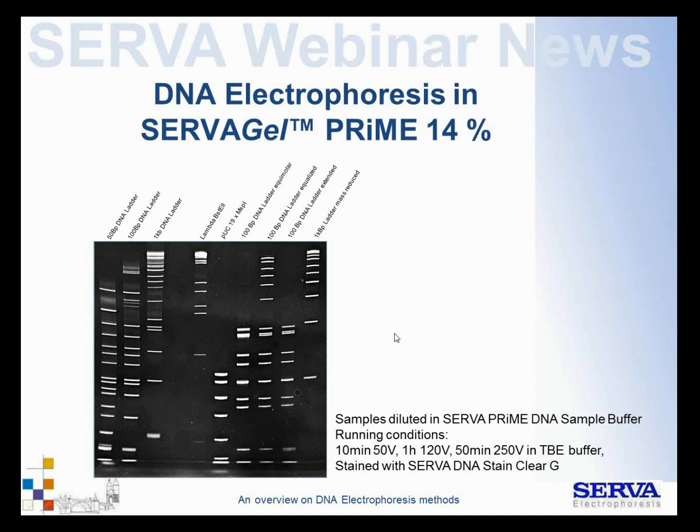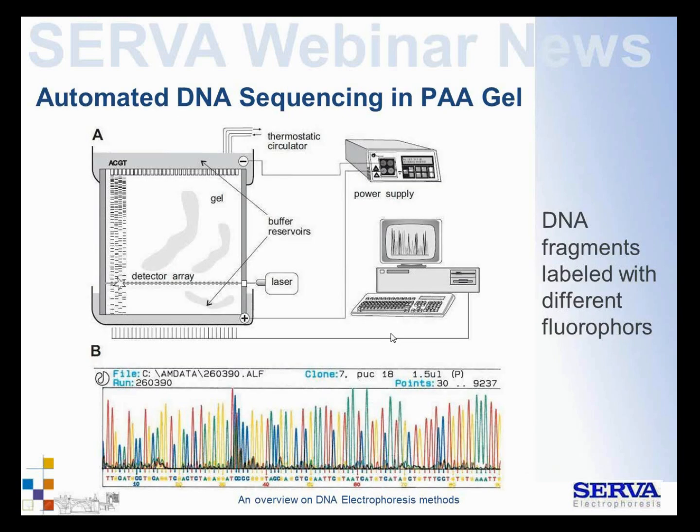So here just a view into the past. DNA sequencing started in vertical, long, very thin gels with radioactively labeled PCR products or DNA fragments.